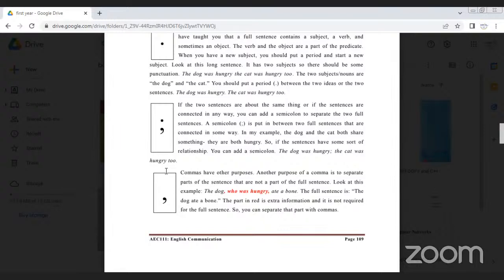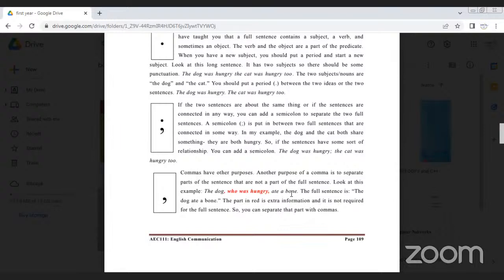The dog, comma, who was hungry, comma, ate the bone, full stop. The full sentence is: the dog ate a bone. The part in red is extra information; it is not required for the full sentence. The dog ate a bone. This is a complete sentence.